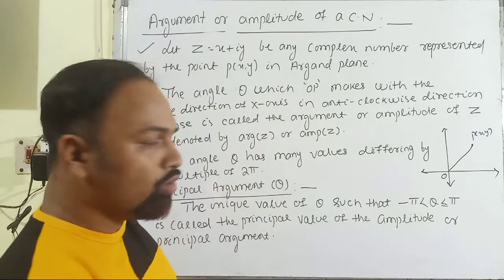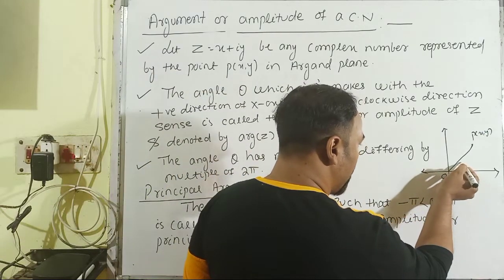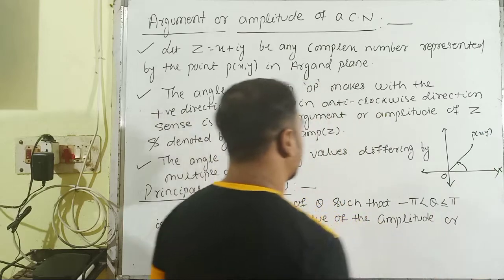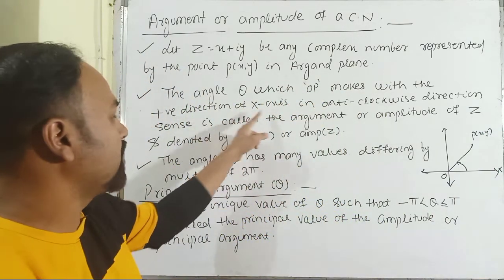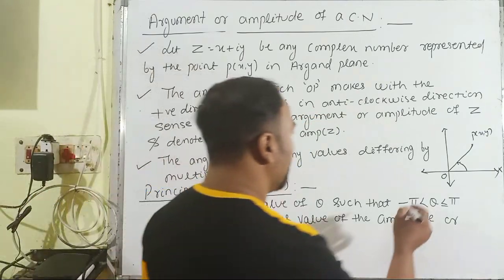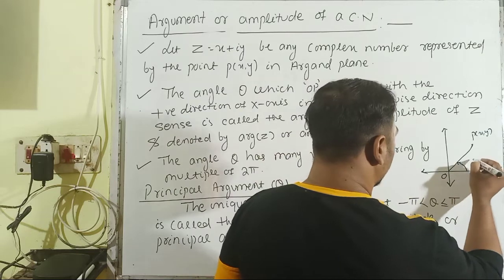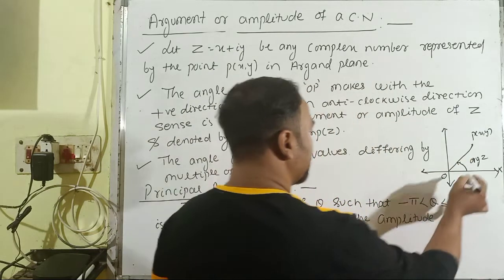And then we have to measure the rotation from the positive direction of the x-axis. Here it is the angle theta which OP makes with the positive direction of the x-axis in the anticlockwise sense, and it is called the argument or amplitude of z, that is arg z, and here it is theta.